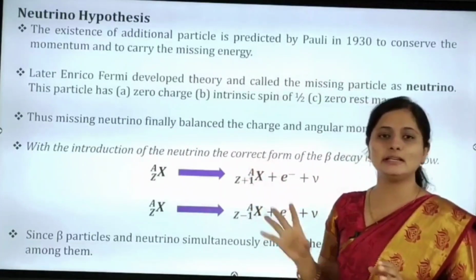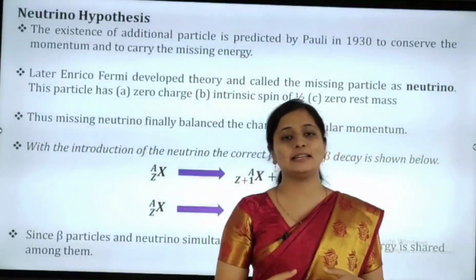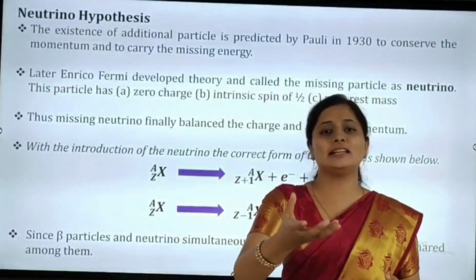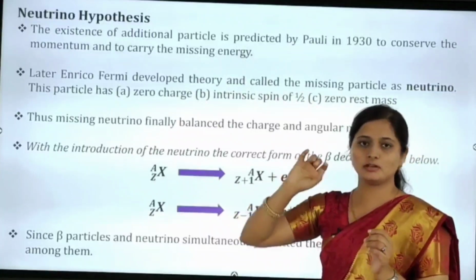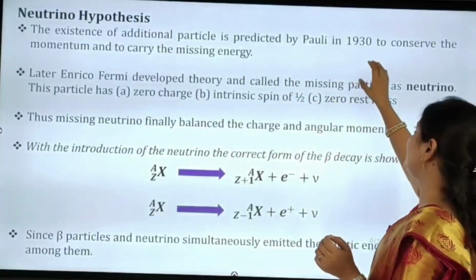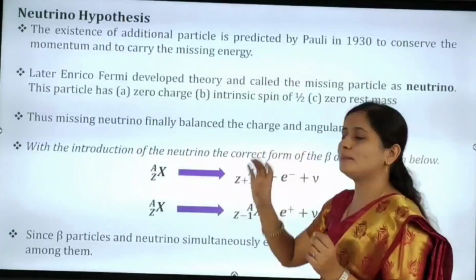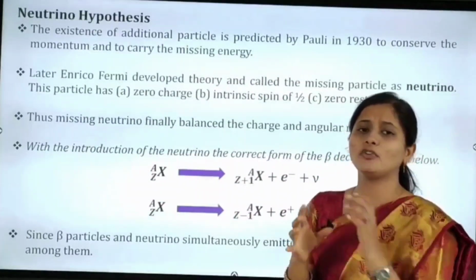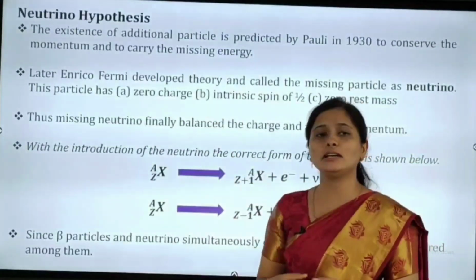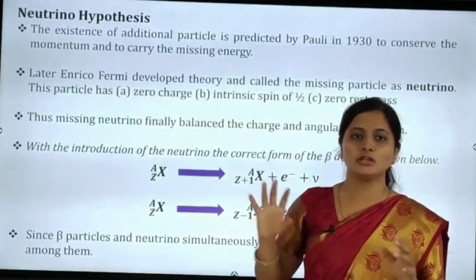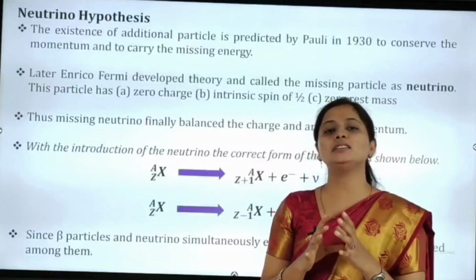He proposed this additional particle to conserve momentum and to carry the missing energy. This explanation was given by Pauli in 1930.